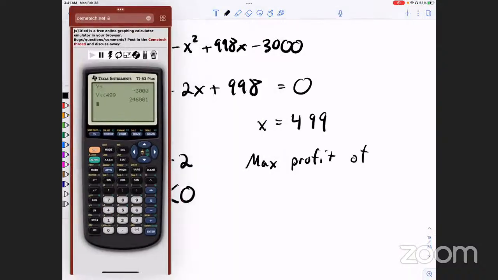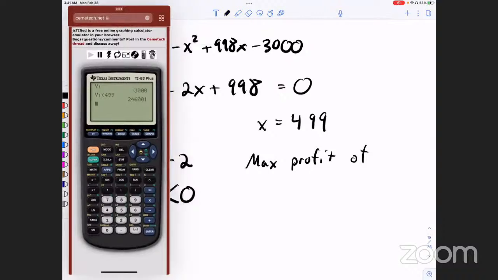Max profit of $246,001 when we produce and sell 499 units.